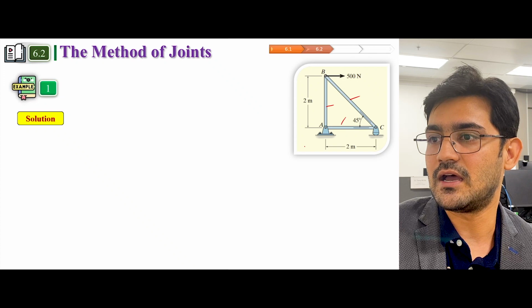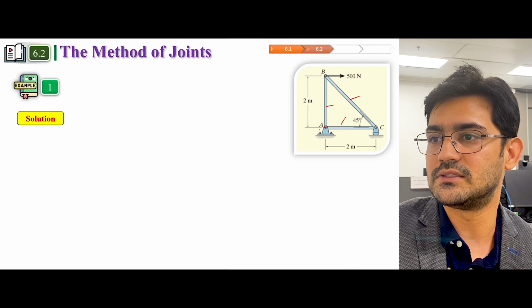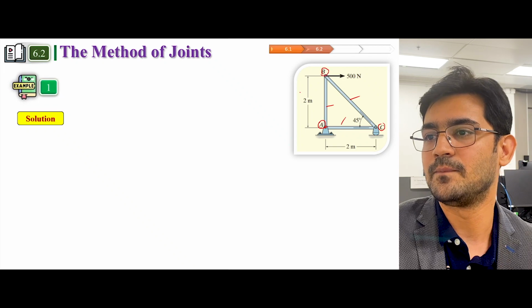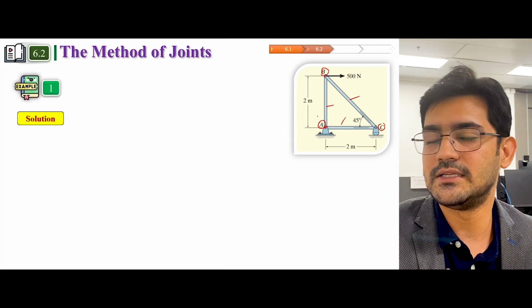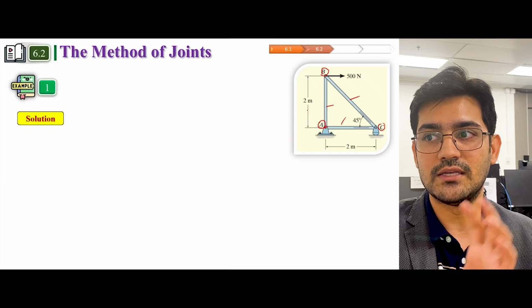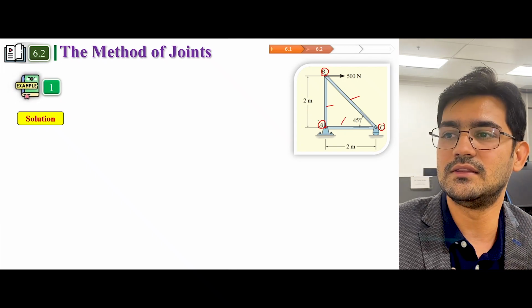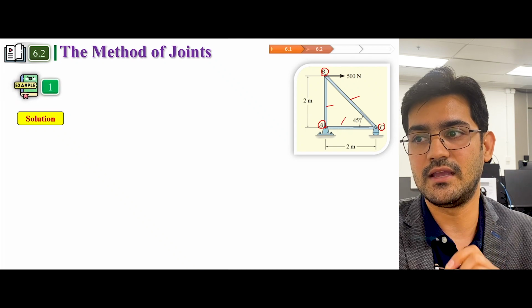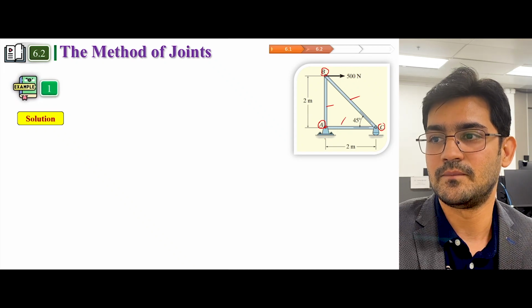And there are three joints. One is at A, one is at C, and one is at B. So looking at these three joints, let us just try to isolate the easier one. So in this A, the joint A is having a support which is a pin support.